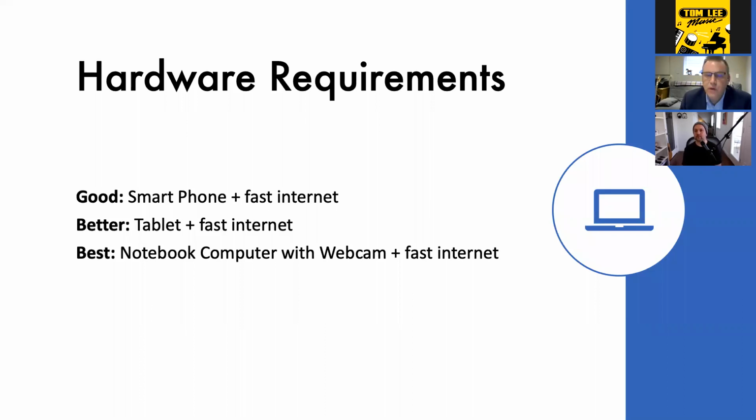One of the big disadvantages with both smartphones and tablets is that you are restricted to using a compressed audio signal, regardless of what platform you're using. So the big benefit of going to a personal computer, notebook, or desktop is you will be able to get significantly higher audio quality, and also do things to improve the video quality. It's much easier to share content, and one of the cons is it's just more expensive.